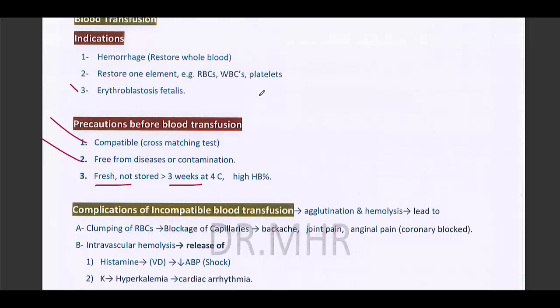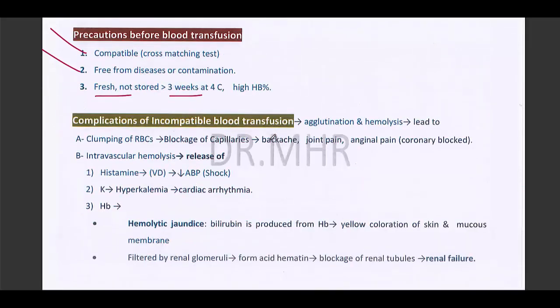Complication of incompatible blood transfusion. This is very rare, okay? But we must know it. It makes agglutination and hemolysis, which leads to clumping of RBCs that blocks the capillaries and makes backache, for example, and joint pain, anginal pain, coronary blockage, okay?